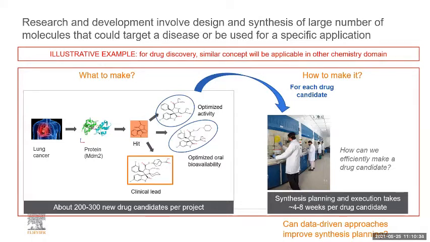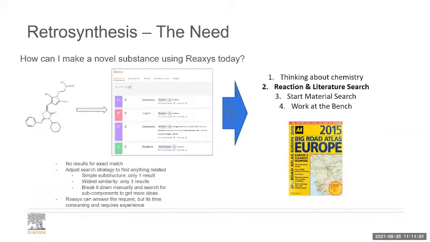This is definitely a long time. And while it is already optimized as much as possible, more radical and innovative step changes are needed in synthesis to accelerate the process. So the question then arises, can a data-driven artificial intelligence approach actually help to improve the situation? And in fact, we very much believe so. And that's what we will walk you through today.